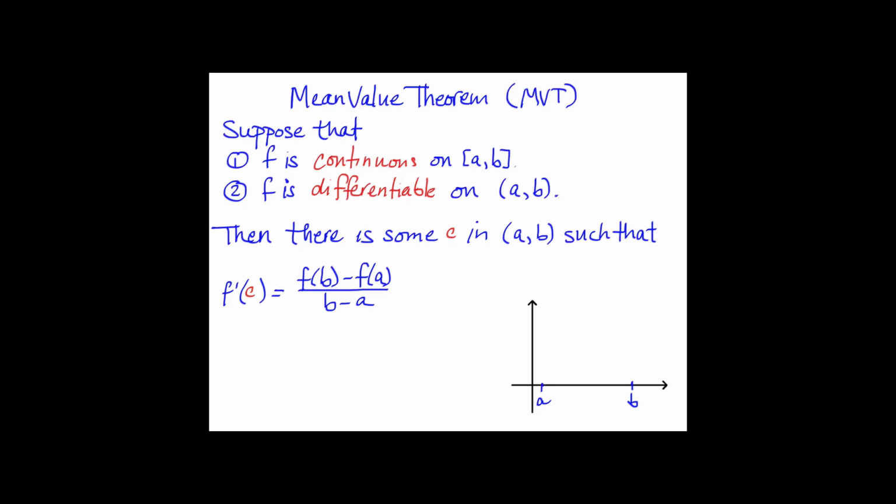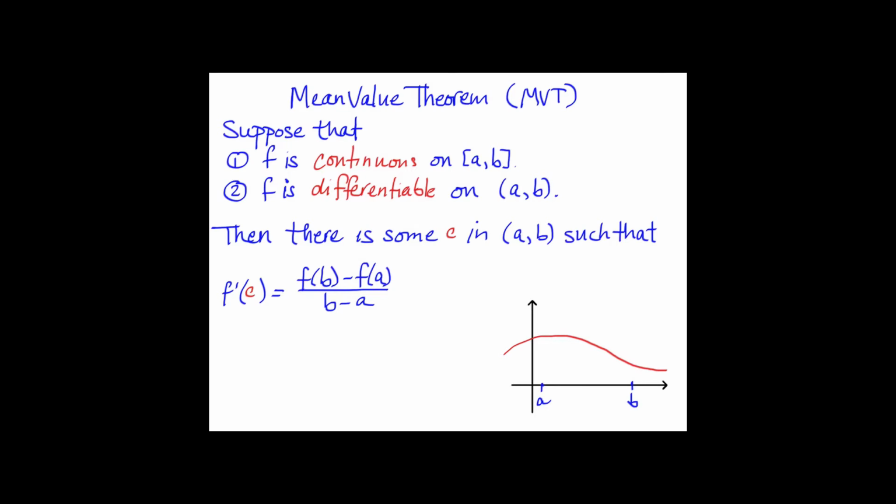Let's look at the picture. So here are the two numbers, A and B. And so the graph of f looks something like that. It's defined at all the numbers between A and B, and it's defined at A and at B. And it's differentiable everywhere in between, so there's no sharp corners, right?